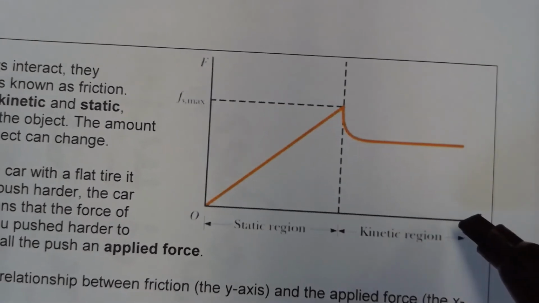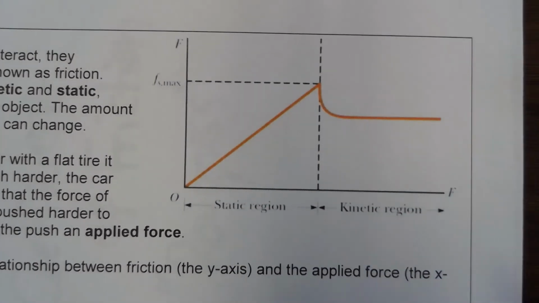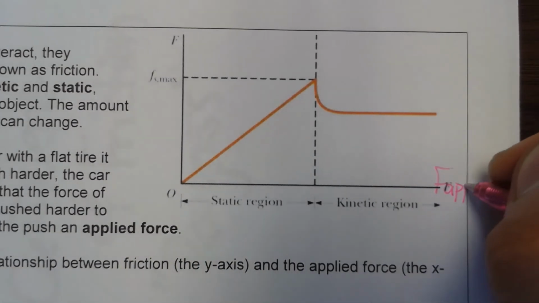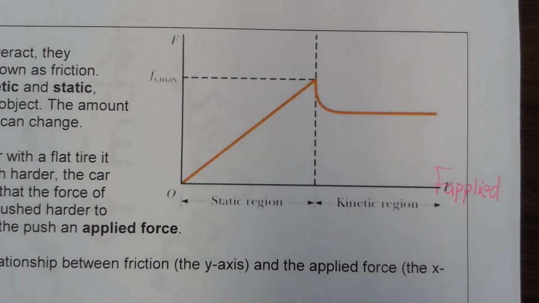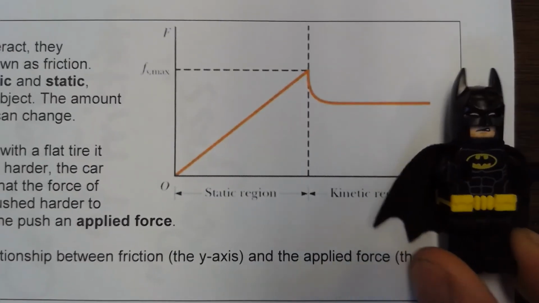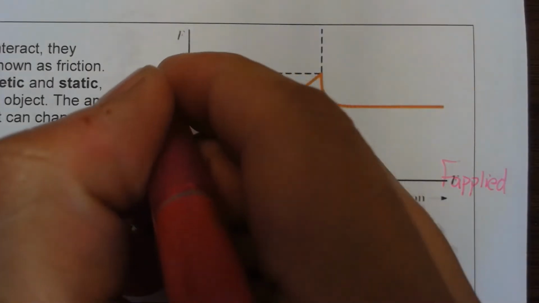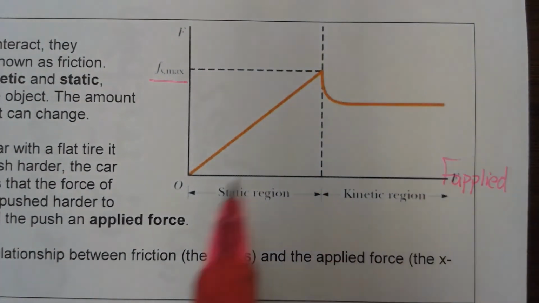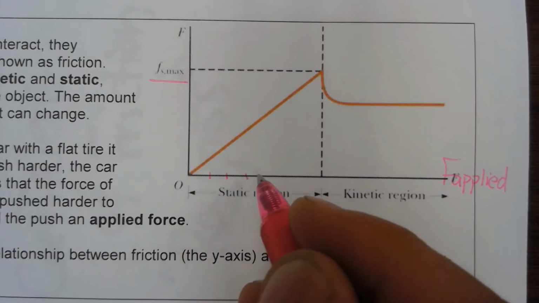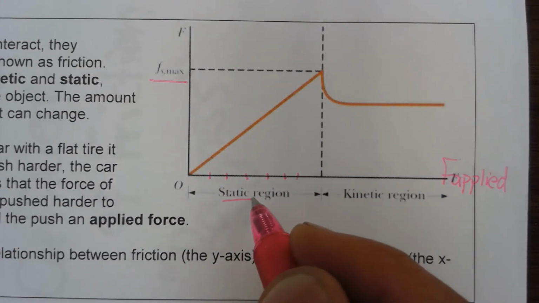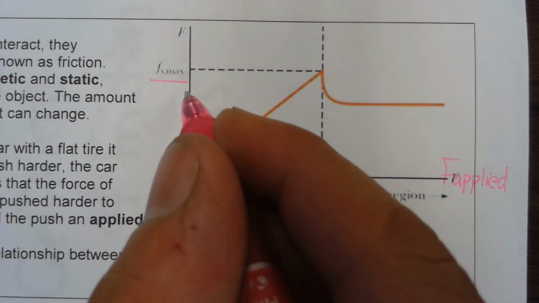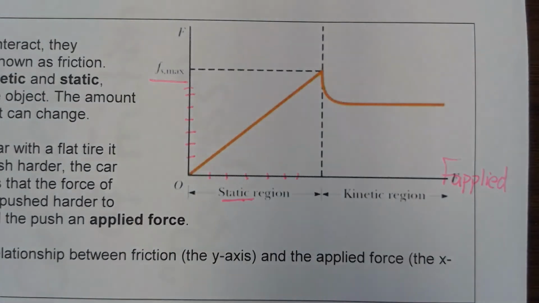On this side of the graph, we see just an F, and we're going to think of this as the applied force, so F applied. This is basically Batman's push, how hard this guy's pushing. Over here, we have the force of friction. And what you can see is, as Batman pushes harder while it's not moving, the force of friction pushes back even to match his force.